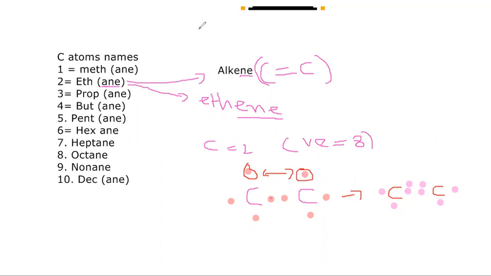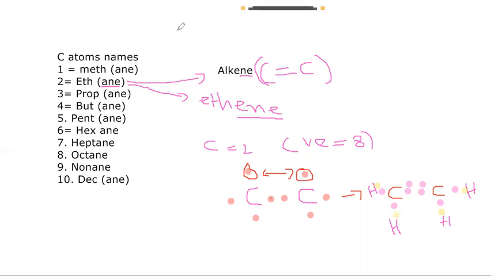So I am putting in the hydrogens. One hydrogen is here, one here, one here, and one here. These are the electrons coming from the hydrogen.